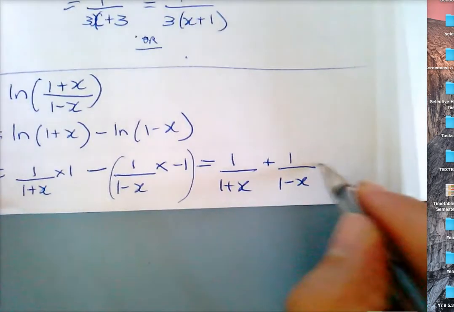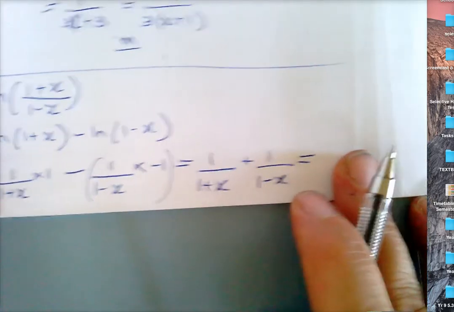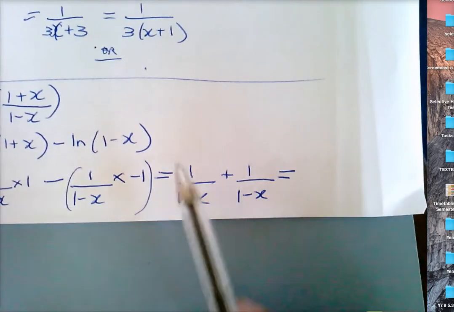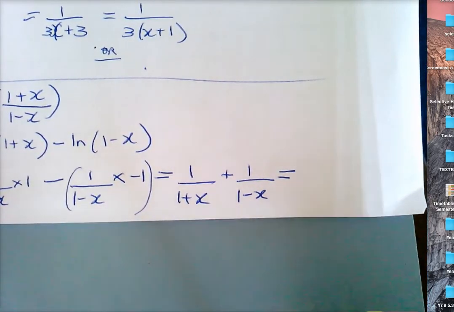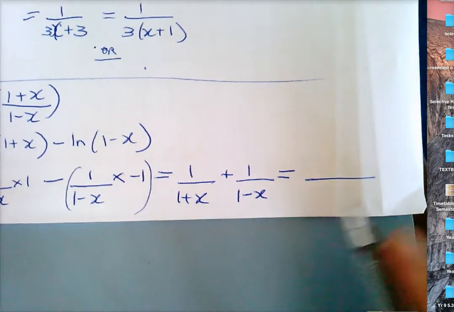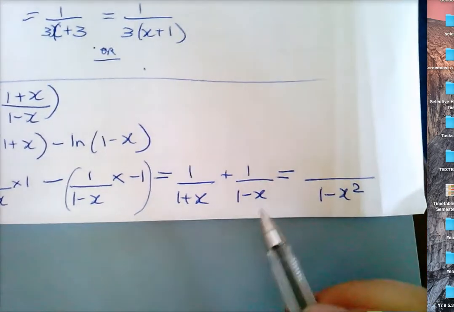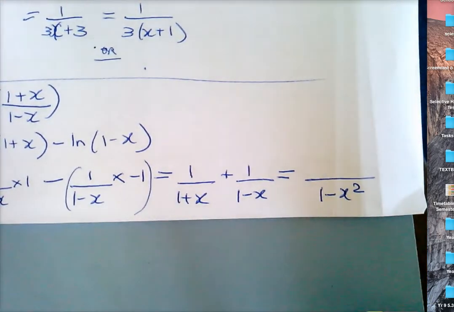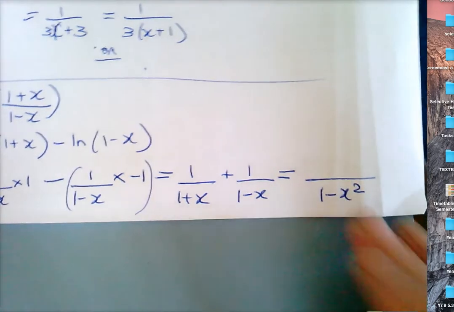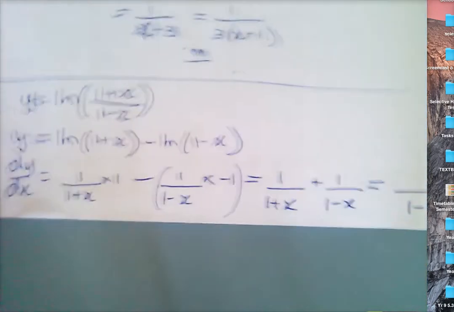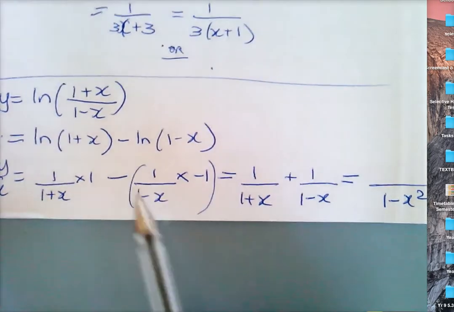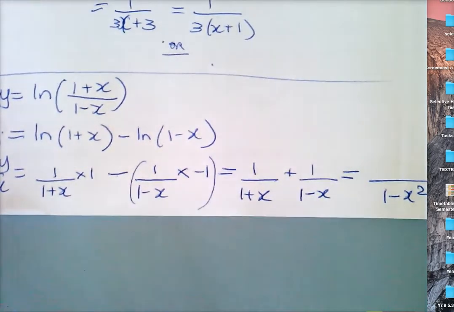You may wish to, look, you could go common denominator. What would your common denominator be? No, you don't. 1 plus x, 1 minus x is not a common. I did, because minus negative 1 makes plus.